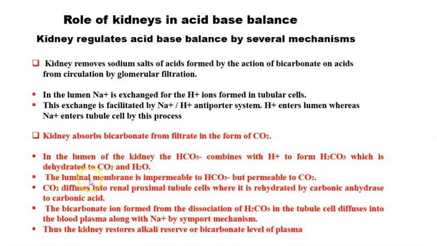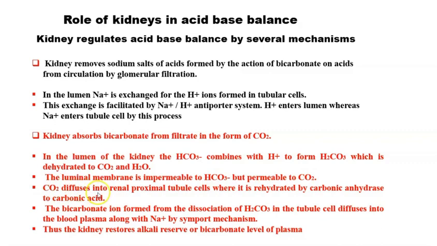The reason is that the luminal membrane is impermeable to the bicarbonate ion but very permeable to CO2. This means the bicarbonate ion cannot pass through the luminal membrane, but CO2 can. As the CO2 is going, behind the CO2 is the carbonate ion that is coming.